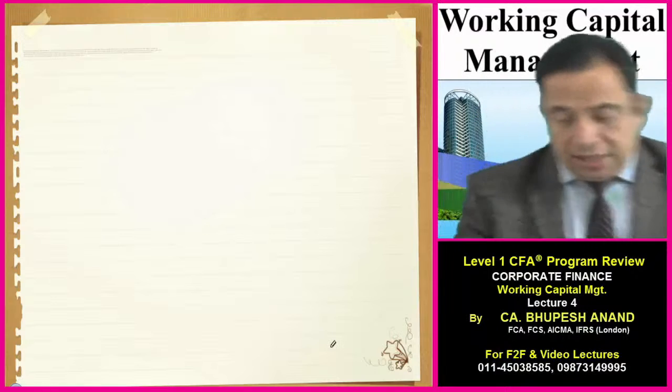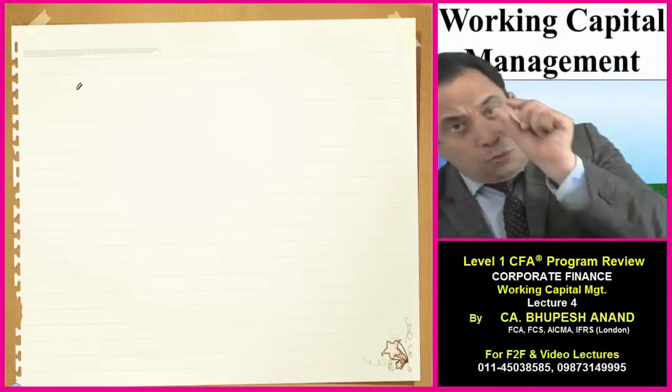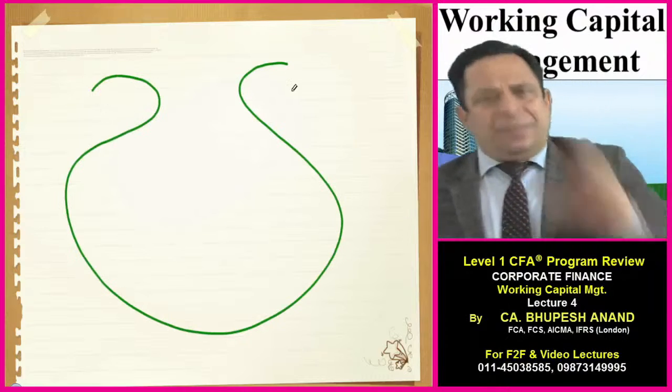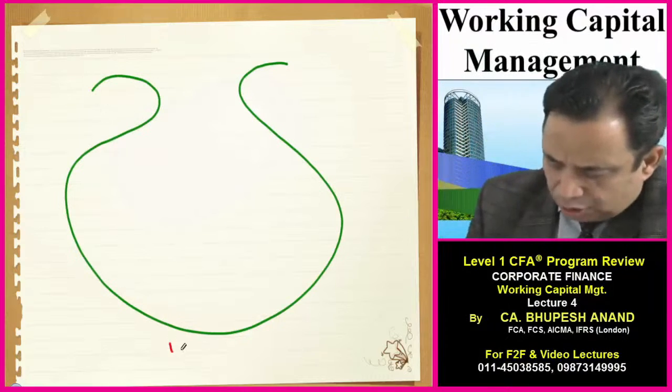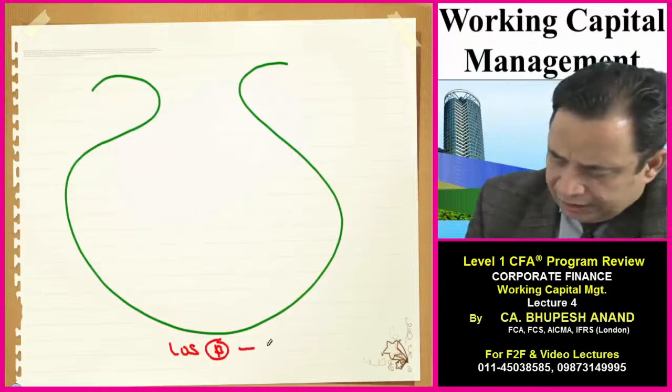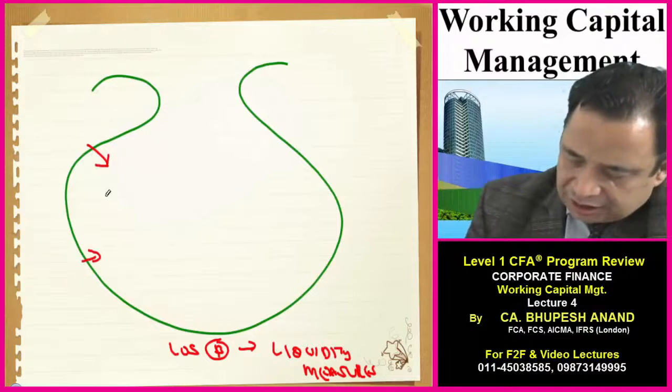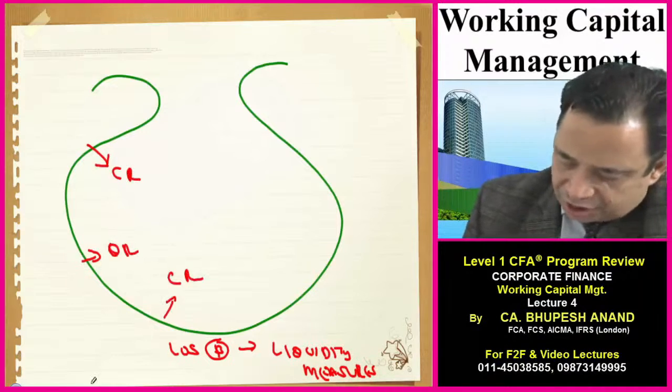Now, my dear friend, I want to tell you 2 more ratios in today's lecture. Otherwise, we will be doing 5 to 6 ratios in this learning outcome B, which relates to liquidity measures. First is the current ratio, second is the quick ratio, third is the cash ratio.